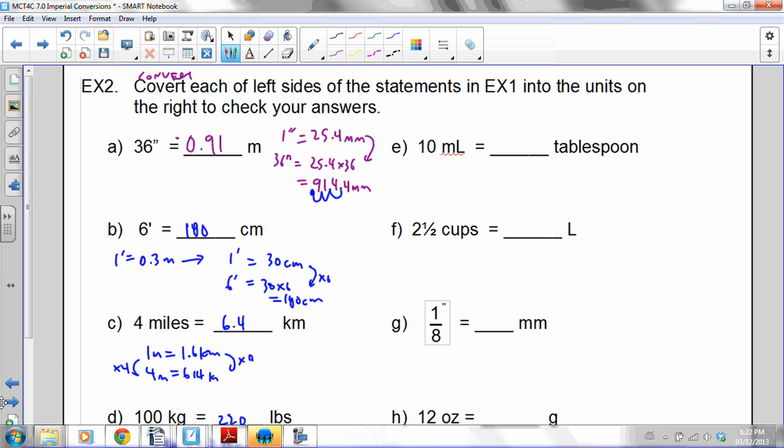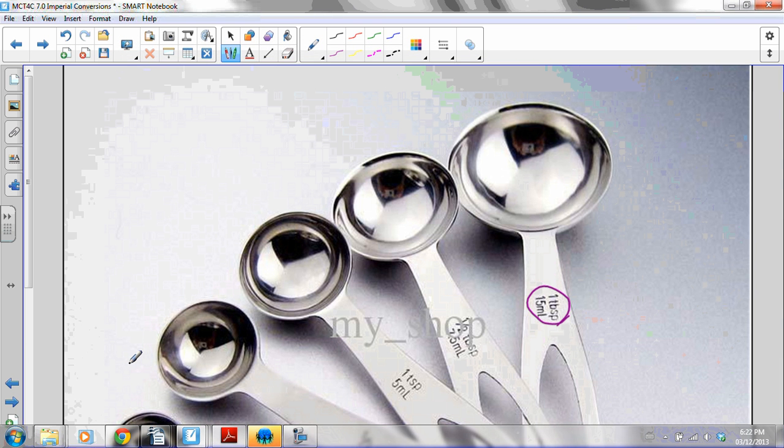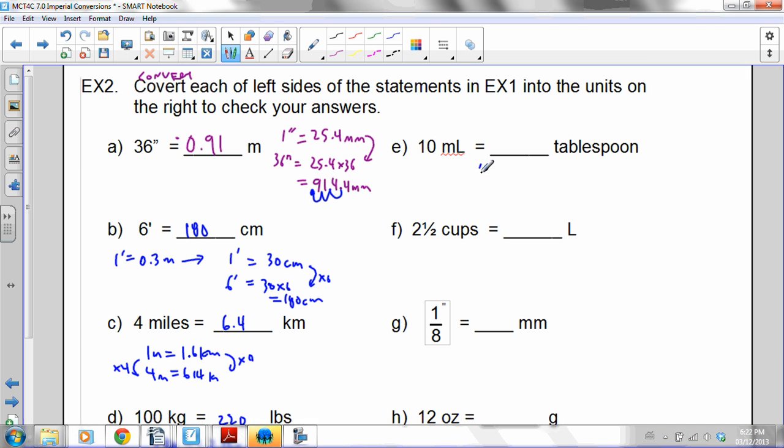And we did, right? We said, look, 1 tablespoon is 15 milliliters. Well, okay, let's write that down. 15 milliliters is 1 tablespoon. And we want to know how much is 10. And notice that it doesn't convert nicely here. This isn't very fun at all.